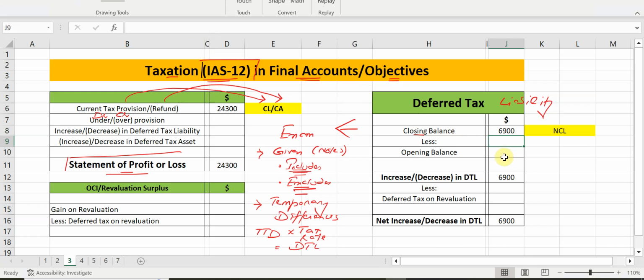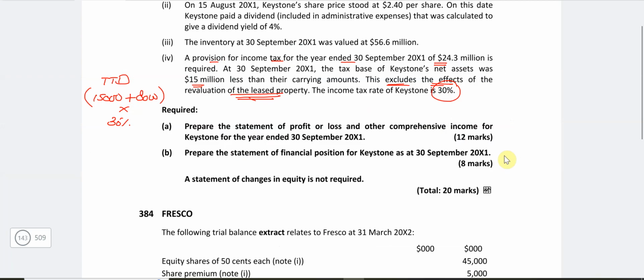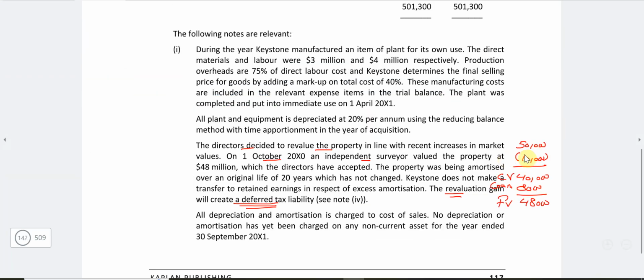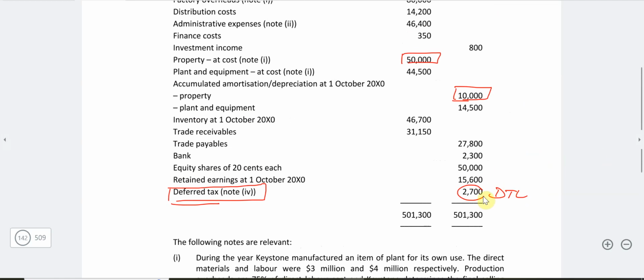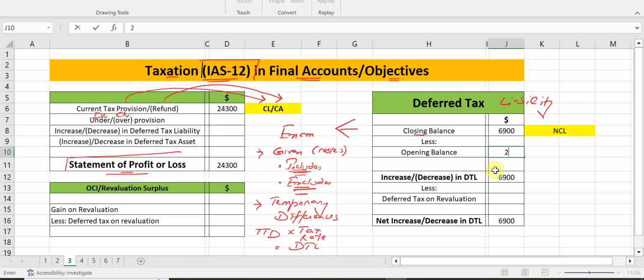Then we have the opening balance within the trial balance, and it is 2,700. Then we have the deferred tax on revaluation. So it is simply 8,000, the gain amount, multiplied by 0.3. So it's 2,400. That means the net increase in the current deferred tax liability is 1,800.